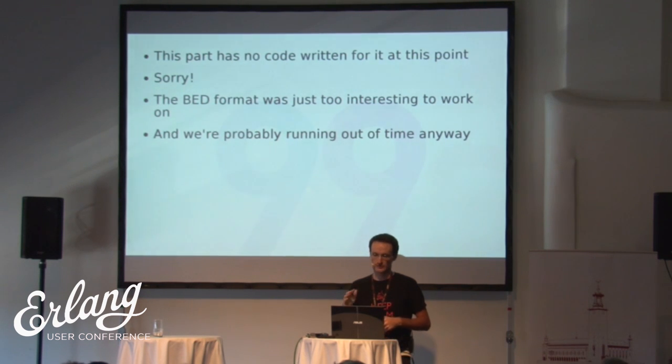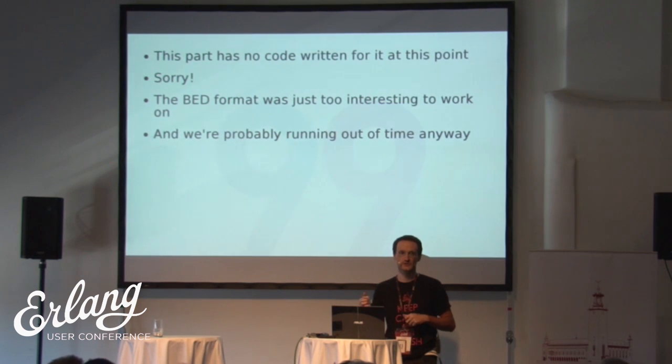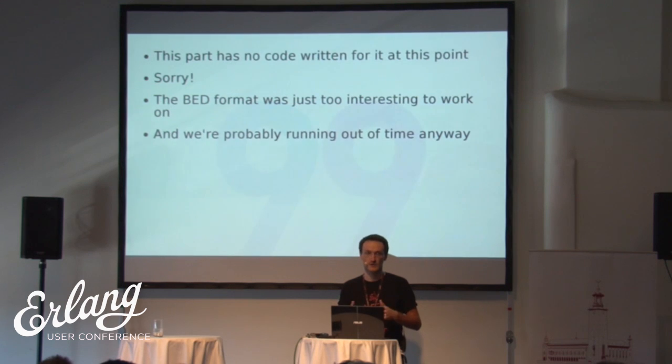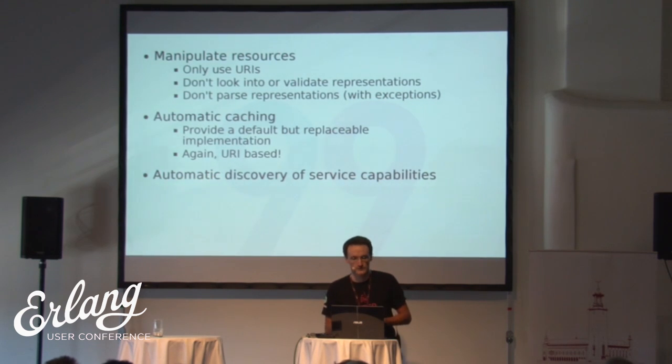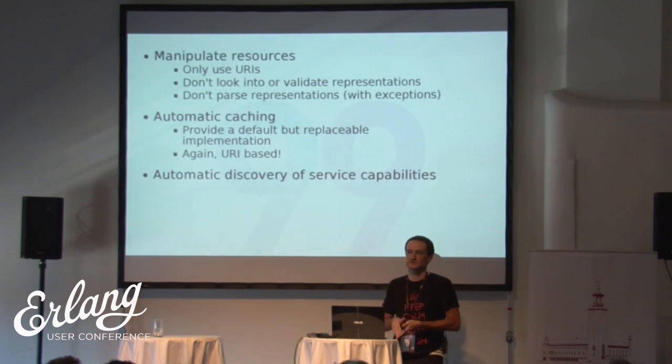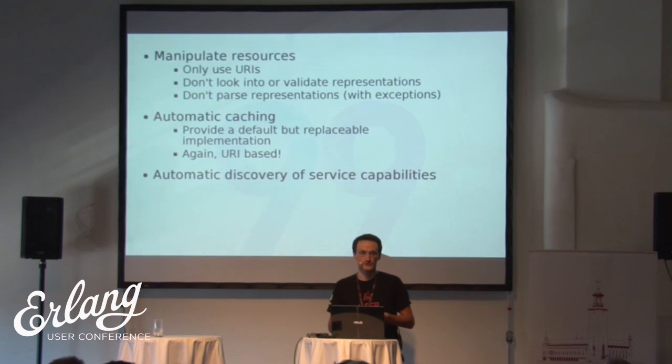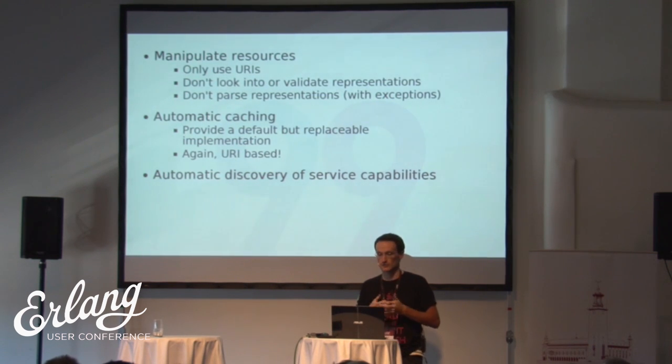I will cover the general idea, and actually I also want to get some feedback on what people use today in their work, so that I can make, hopefully, the appropriate choices. So the goals are to only manipulate resources. We only use URIs for querying them. We don't look into the representation.